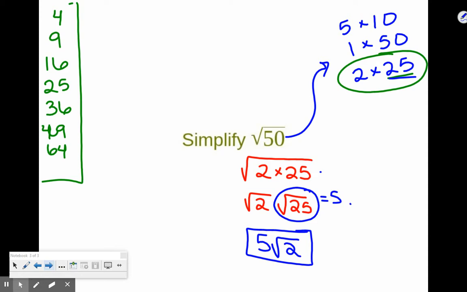Sometimes people like to do these first 2 steps as one. That's fine, no big deal. And then I simplified the perfect square number and I got 5. I always like to put the whole number out in front because if we put it behind, it looks like it could go under the square root depending on how long you make your square root. So they like to put that whole number out in front.